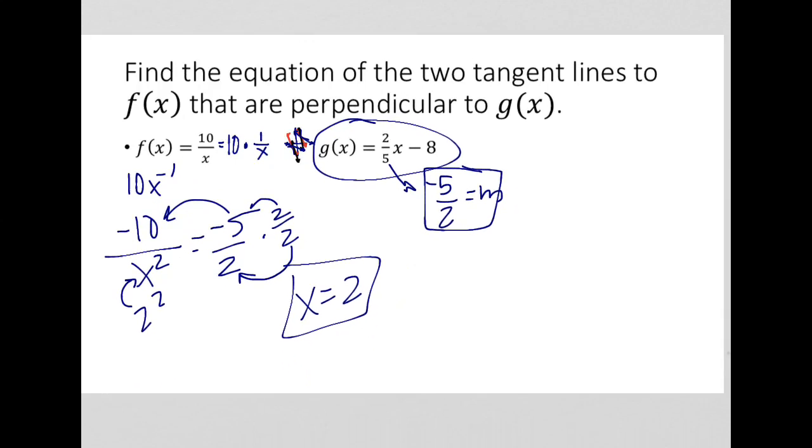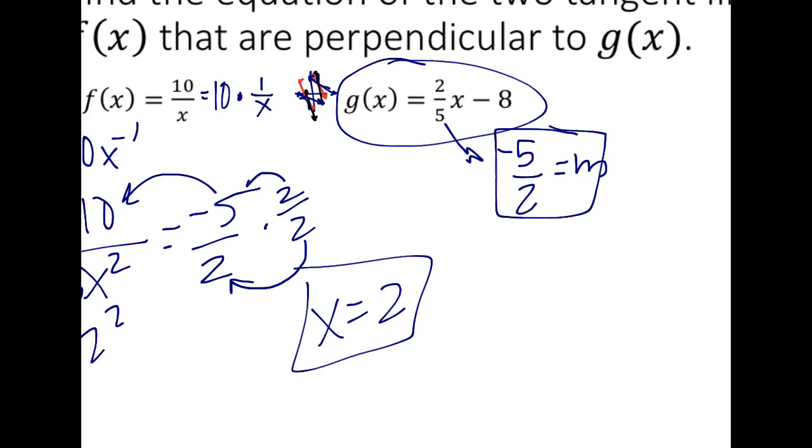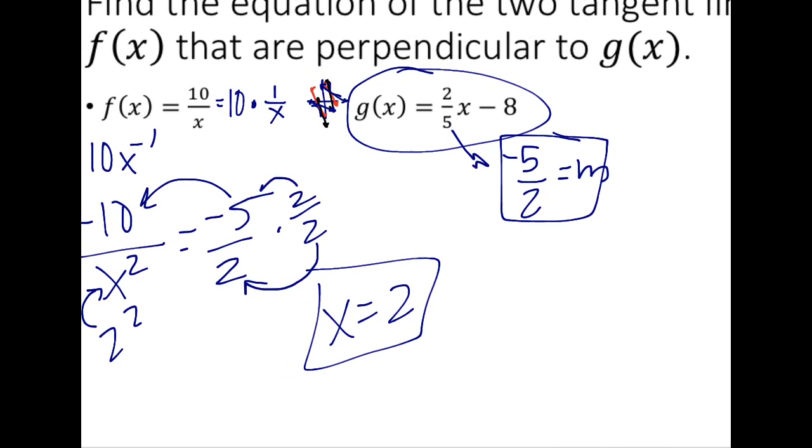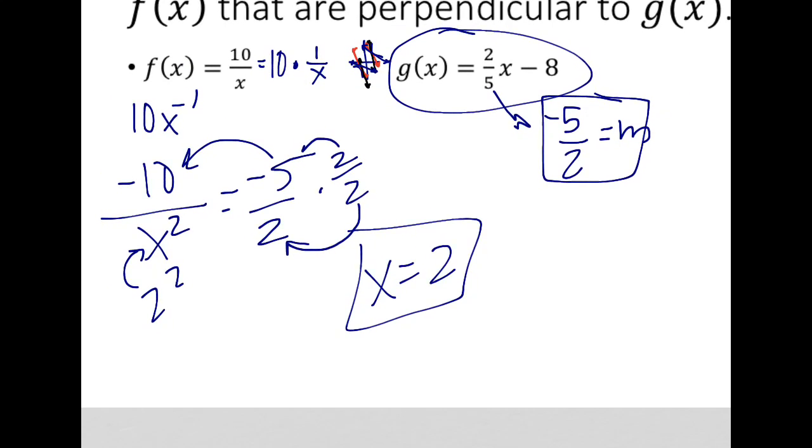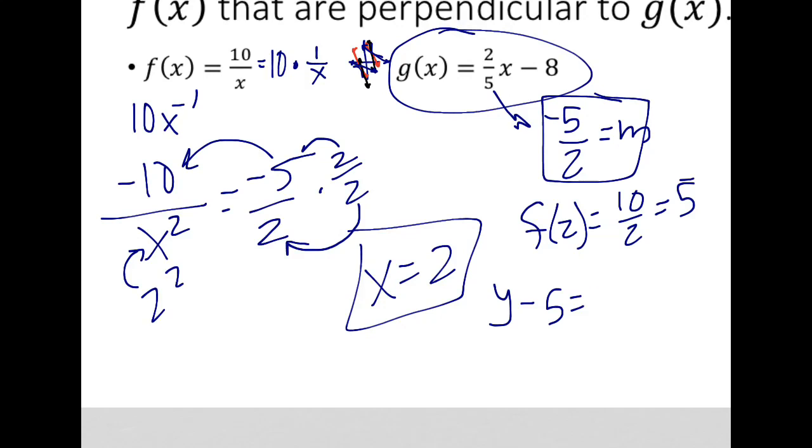And I know the x value, so let's find the y value. Plug into your original function. So f of 2 equals 10 over 2 equals 5. So I got the y value of my point. y minus 5 equals my slope m, which is negative 5 halves, times x minus 2.